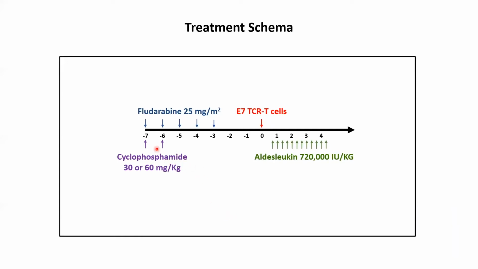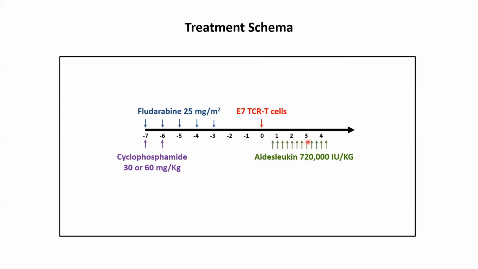The treatment schema is shown here. The patients receive a conditioning regimen with cyclophosphamide and fludarabine. The cyclophosphamide dose is either 30 or 60 milligrams per kilogram. We've really moved now to exclusively using the 30 milligram per kilogram dose, which is much better tolerated and seems to be very effective. We give a single infusion of the engineered cells and then aldesleukin, which is dosed to tolerance.